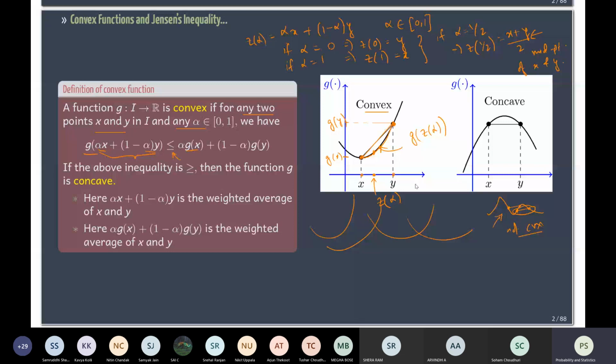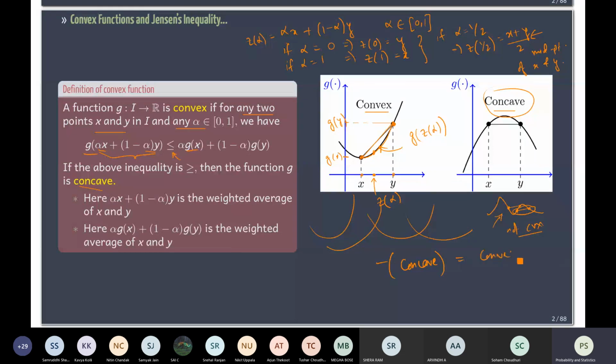But if it so happens that the line joining x and y is always below the curve value, then there is another term that's called concave. The reason why concave is also interesting for us is because negative of the concave will be convex. So you don't really need this. So negative of concave is convex.